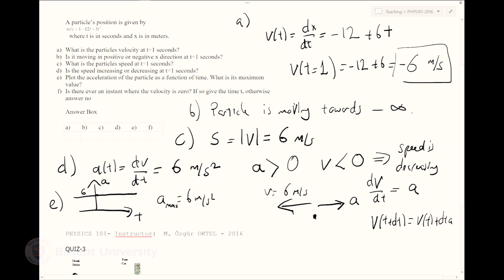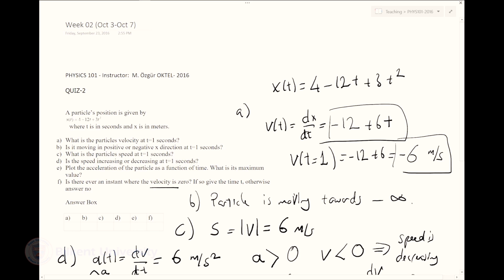Is there ever an instant where velocity is 0? If so, give the time t. Otherwise, answer no. Okay? Then I'll actually have to go back to my answer. I already found velocity at all times. What does part F ask? Part F wants v of t to be 0.